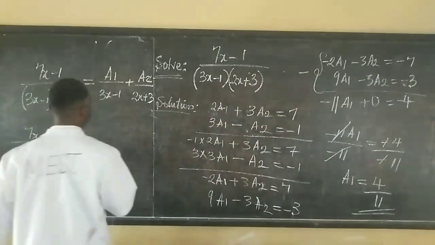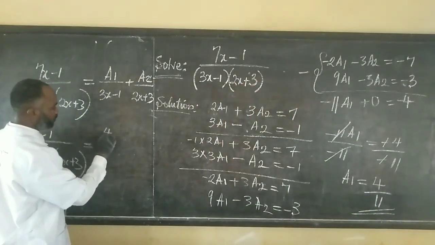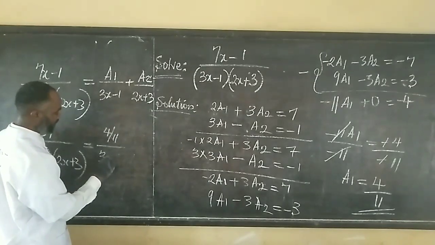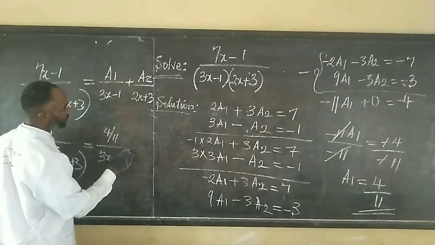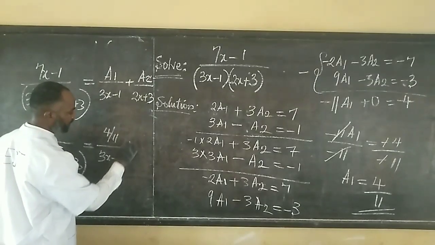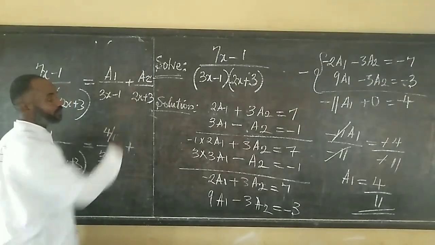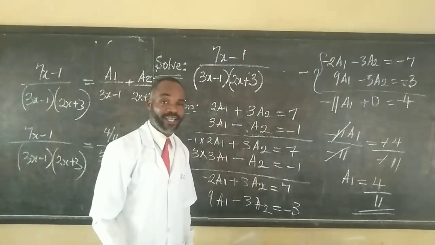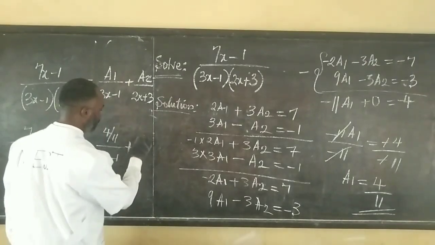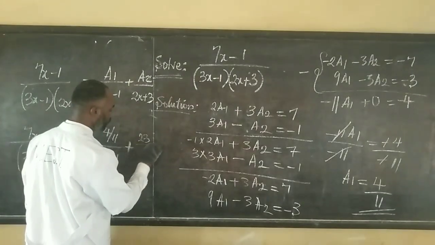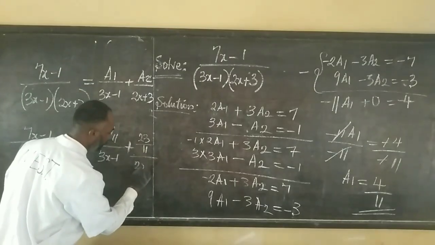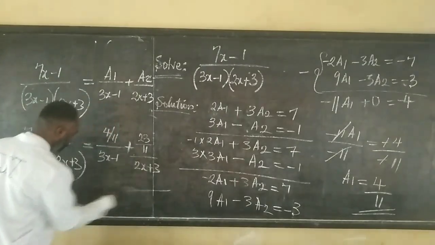And that is going to be, for A1 is 4 all over 11, right? Over 3x minus 1. Good. So we put our plus sign. For A2, you remember the value we had for A2, and that is 23 over 11. So we have 23 all over 11 for A2. Then we have what? 2x plus 3. Solved.